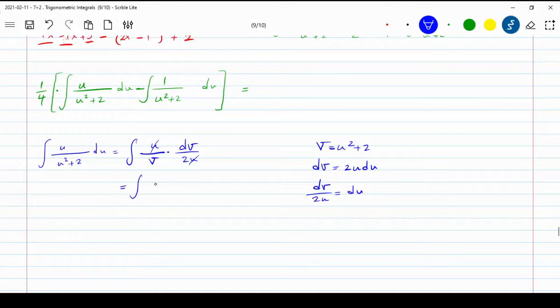So I ended up with the integral of 1/2 times 1 over v dv, which is simply 1/2 ln absolute value of v. You could have skipped over some steps if you're familiar with this, but I wanted to go very basic. So what is the 1/2 ln of absolute value of v? It is 1/2 ln of, what is v? v was u squared plus 2.